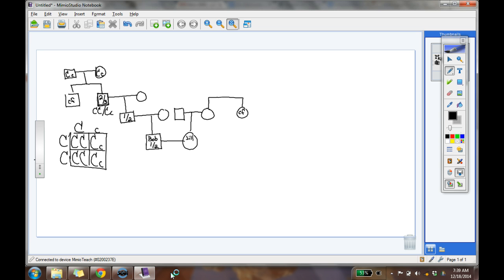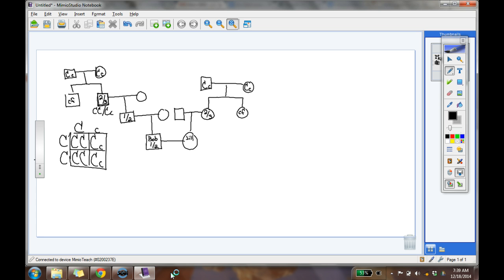Okay? So it's kind of the same idea. Jill's grandfather would have been heterozygous, and Jill's grandmother would have been heterozygous, meaning that there is a 2 out of 3 chance, the same as Bob's great uncle, that Jill's mom is a carrier.